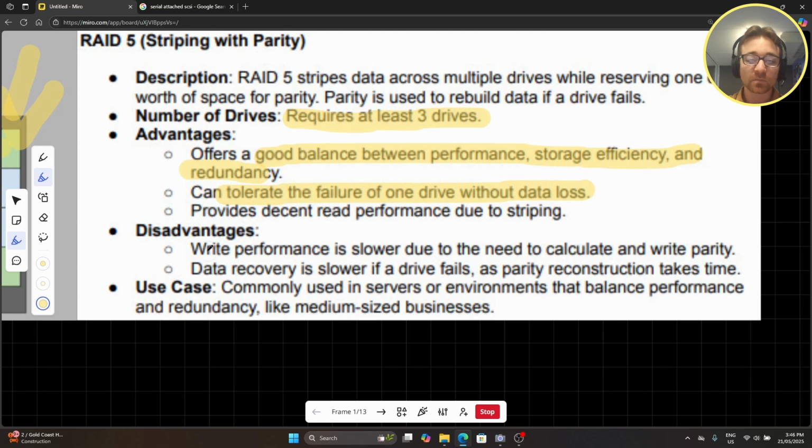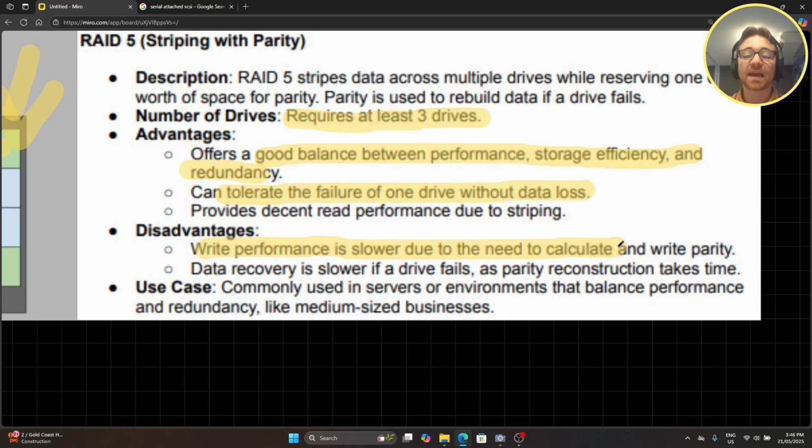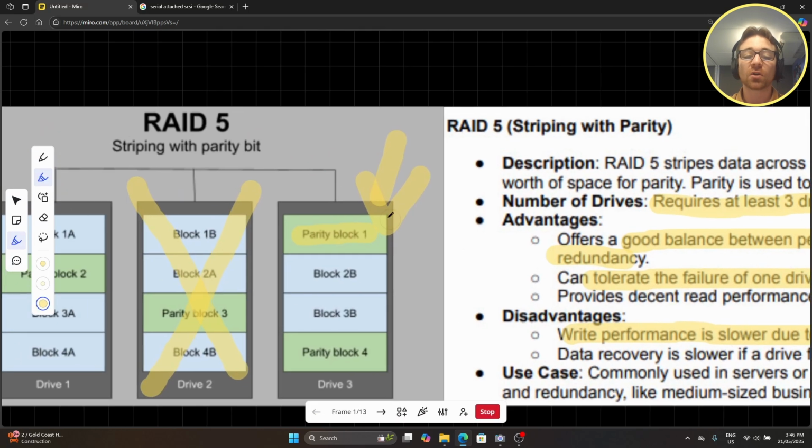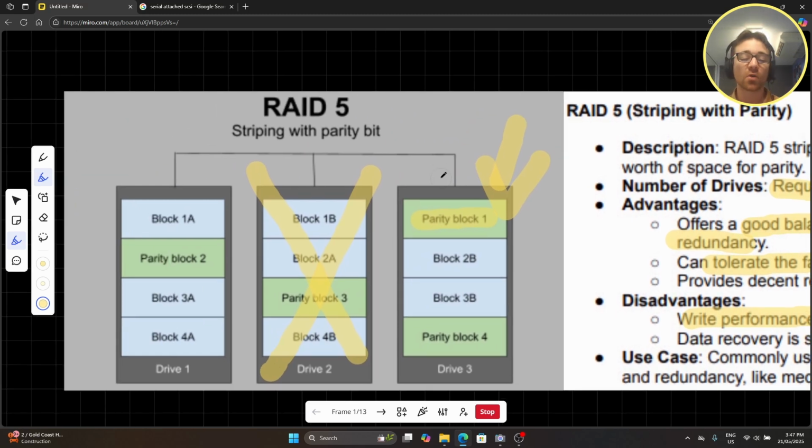However, you do have a couple of negatives that come with that. The first one is the write performance is a little bit slower because we need to consistently be calculating and writing the data on that parity bit, right? That parity bit or parity block is always taking note of the data that exists.